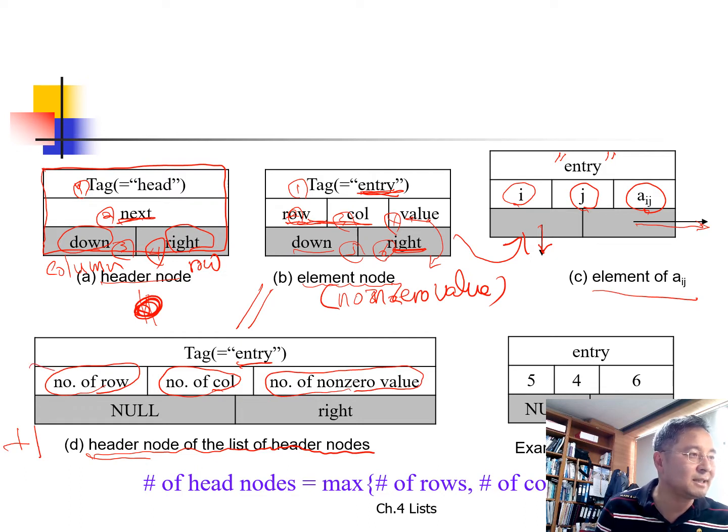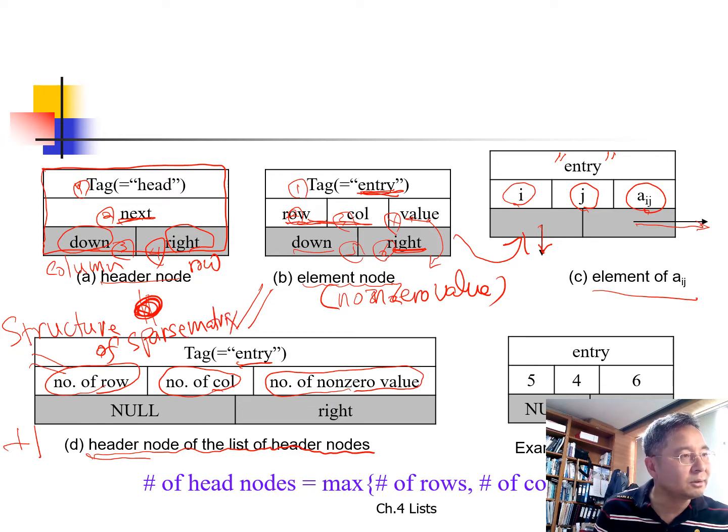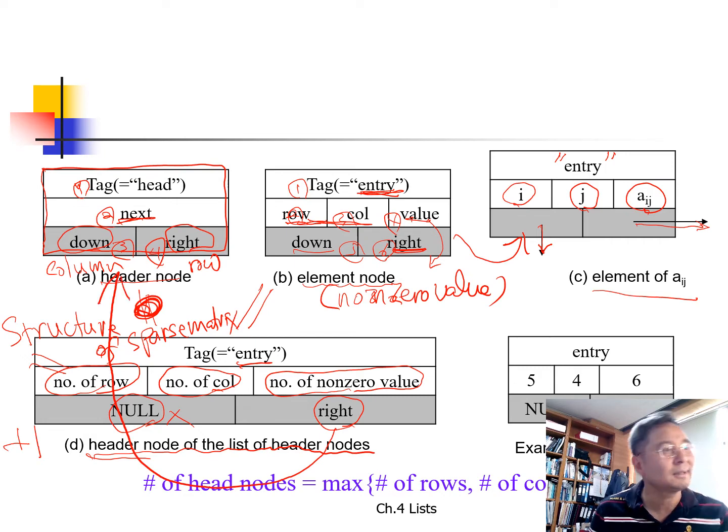Yes, it means that this is the structure of the sparse matrix. The down field has a null value because there is nothing to point to, but the right field points to the first header node in the representation.